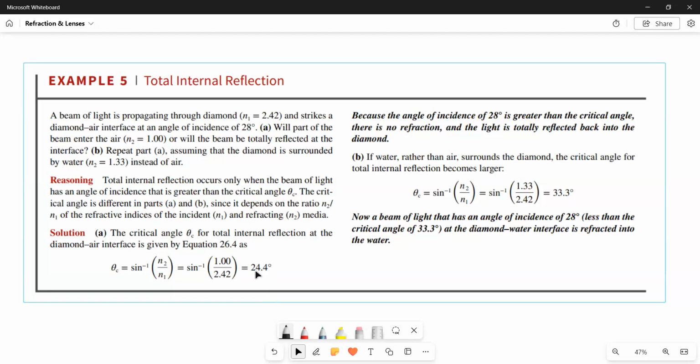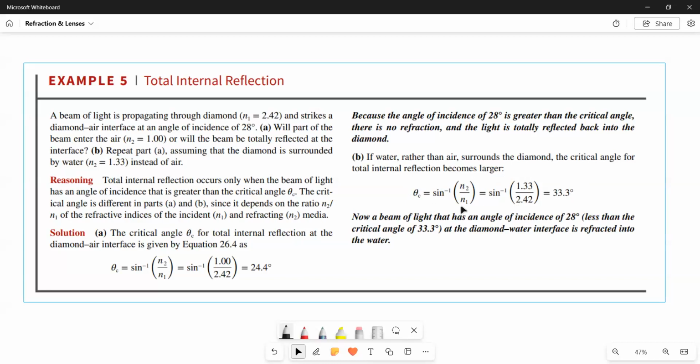So the fact that the critical angle is 24.4 means there's going to be total internal reflection, and that's what we see here. Now it says, if water rather than air surrounds the diamond, the critical angle is going to be 33 degrees.